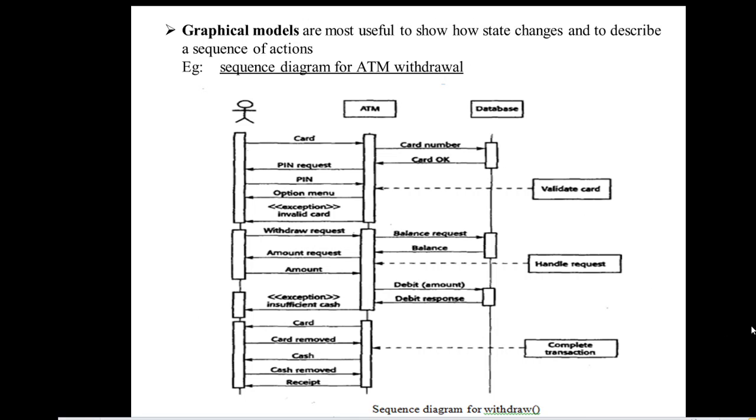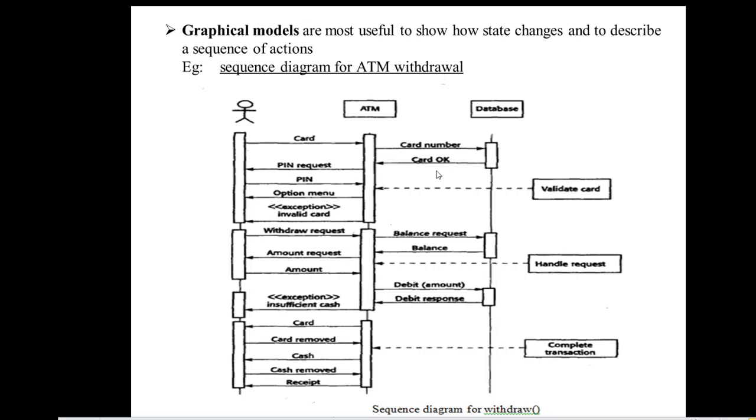Next, we are using some graphical models to describe your system requirements. One of the diagrams I have drawn here is a sequence diagram for ATM withdrawal. Here one person is going to withdraw an amount from their account.